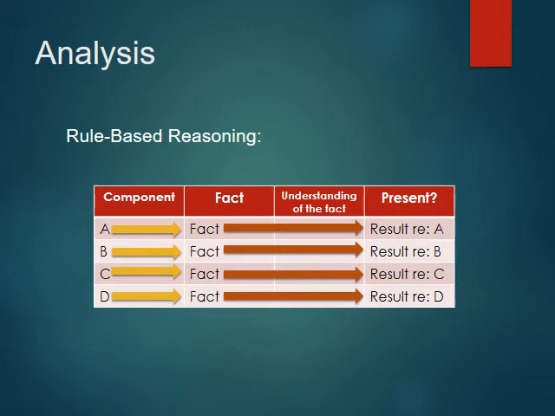You have to identify the facts that are relevant to that element or component of the rule. You may commonly have to articulate your understanding of the fact, and then specify the result that you obtain through that analysis. Element A is present, element B is present, C and D are present, and therefore I can conclude that this rule is satisfied, that there is a battery, for example.